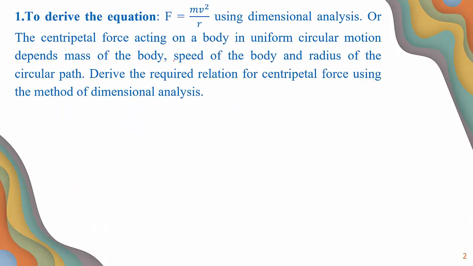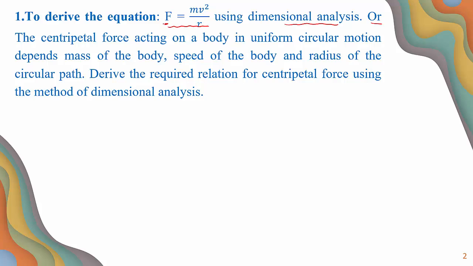So the first example is to derive the equation F equal to mv square divided by r using dimensional analysis, for the centripetal force acting on a body in uniform circular motion, that is F. F means centripetal force.